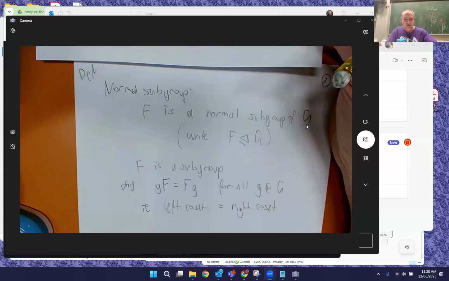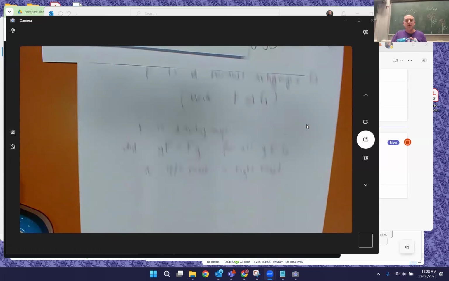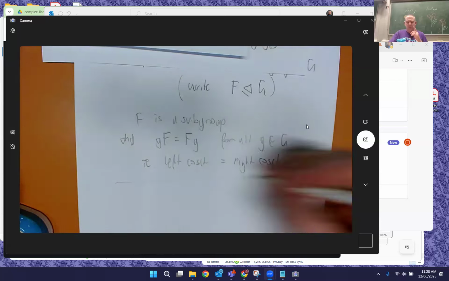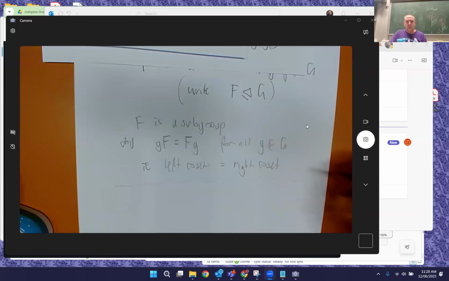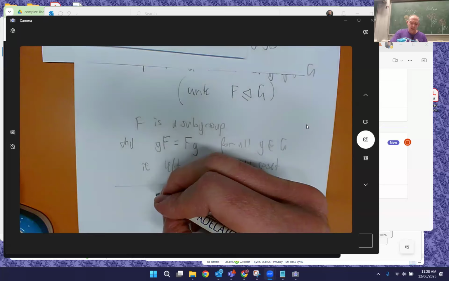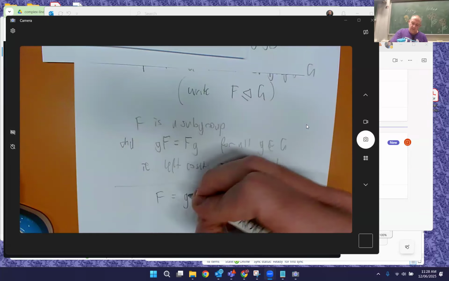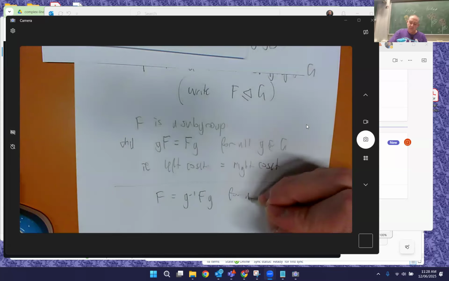Right. I do just want to draw a little picture of cosets. Give me a second. Just a thing about the way cosets work that I need to remind myself of is that this is true here, but you could also just as easily do it as F is g inverse Fg for all g.